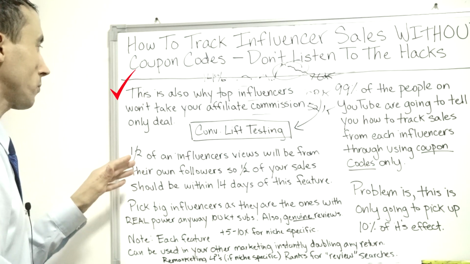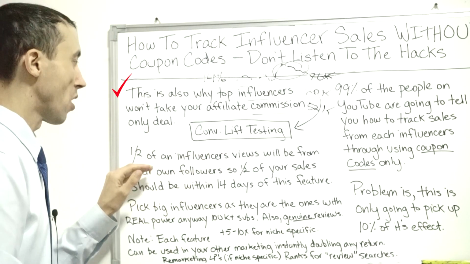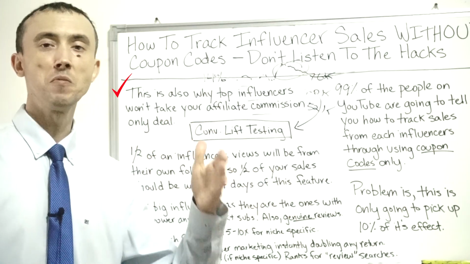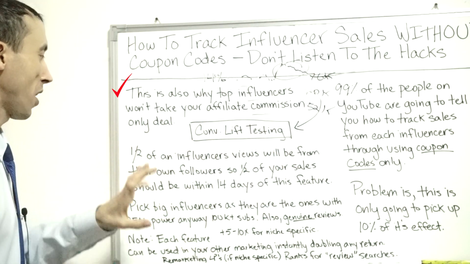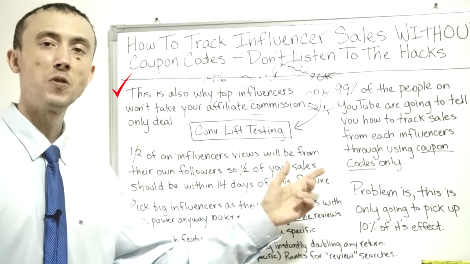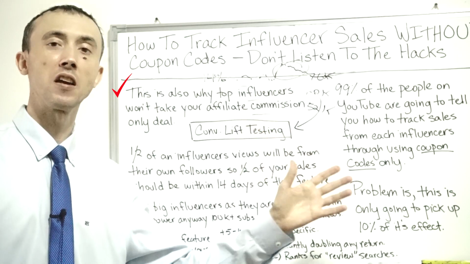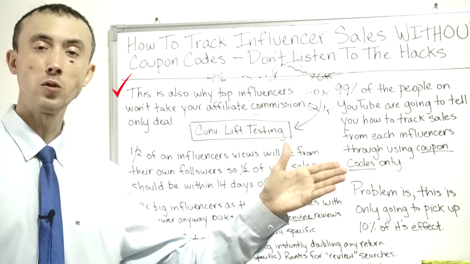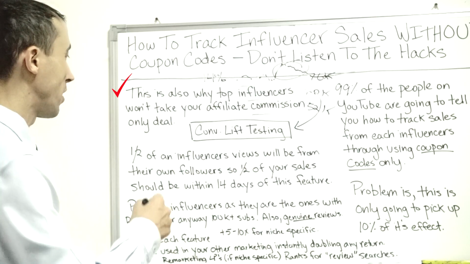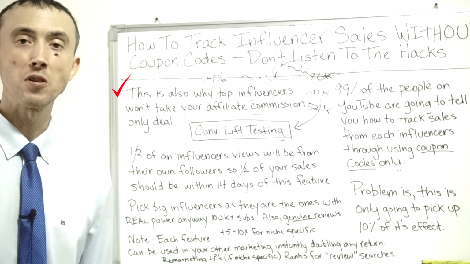So, with that said, if you did not know, we're talking about YouTube and for the most part Instagram or anything else. Half of the influencers' views that they're going to get on that post or video they're doing for your company are going to come from their existing subscribers.